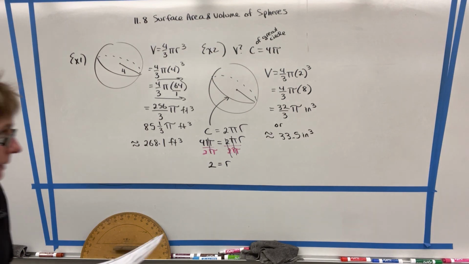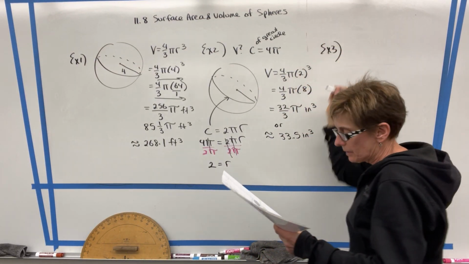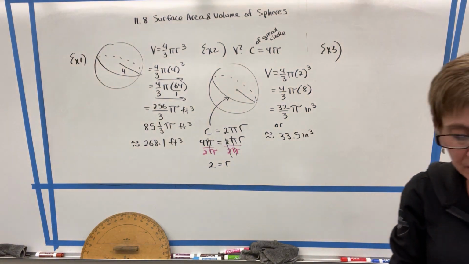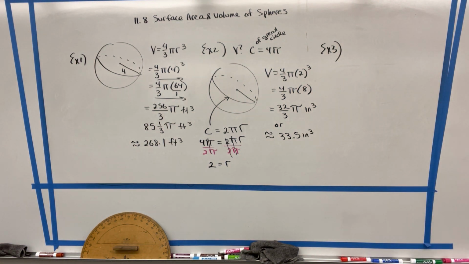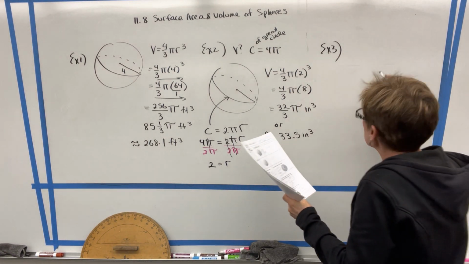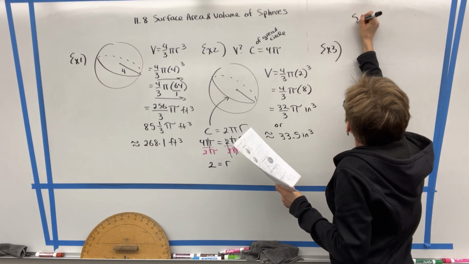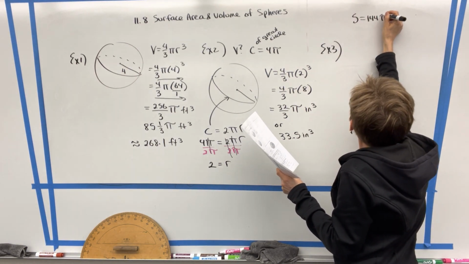Okay, we're almost done. We have one more example left. Good job, you guys. All right, this one says, find the volume of a sphere with a surface area of 144 pi square feet. So this is going to take a little bit more work. So it says that the surface area is 144 pi.